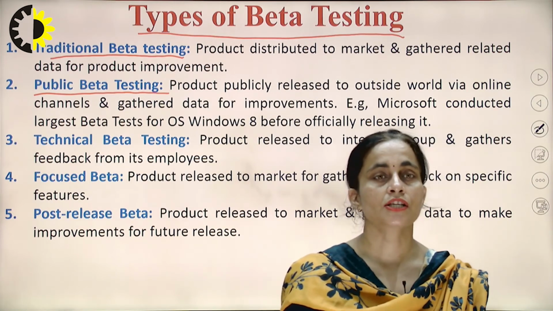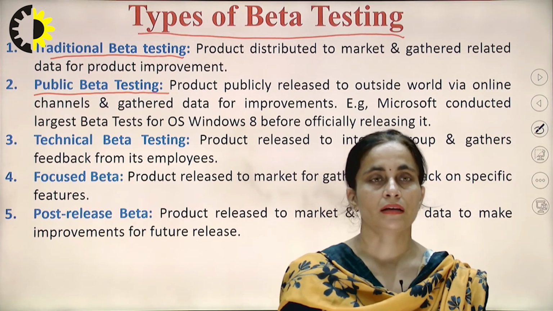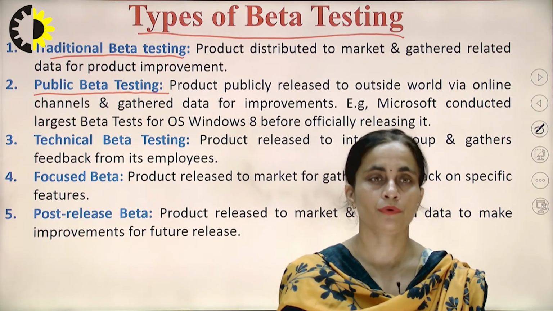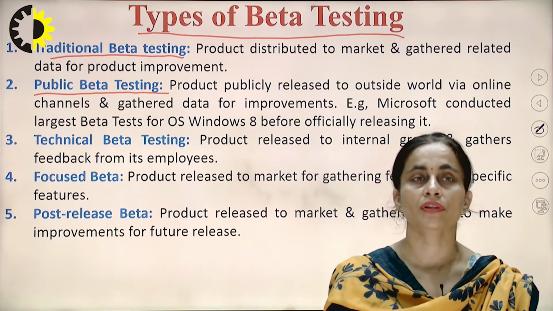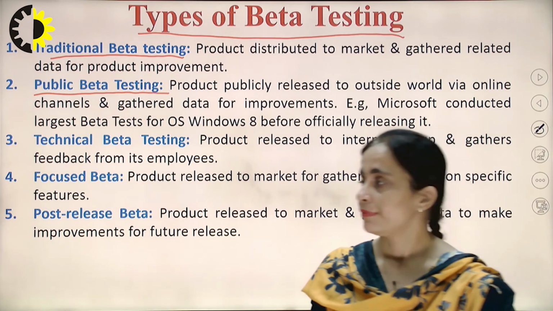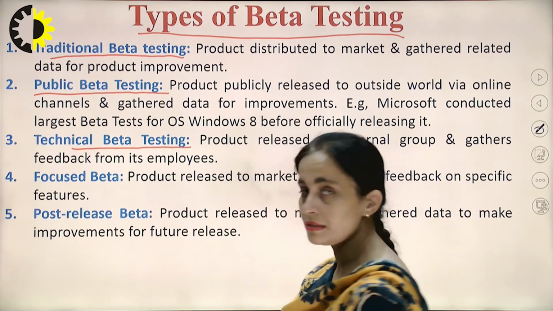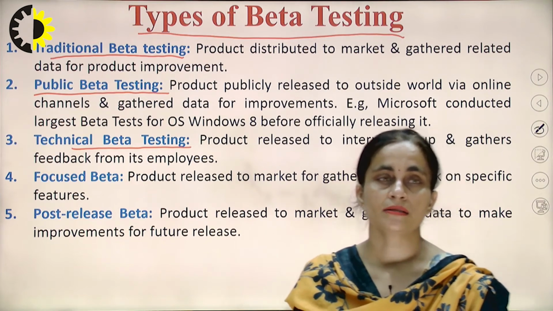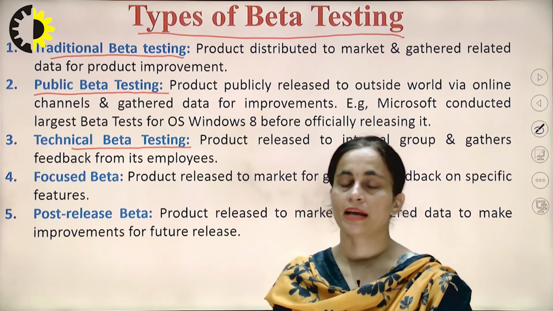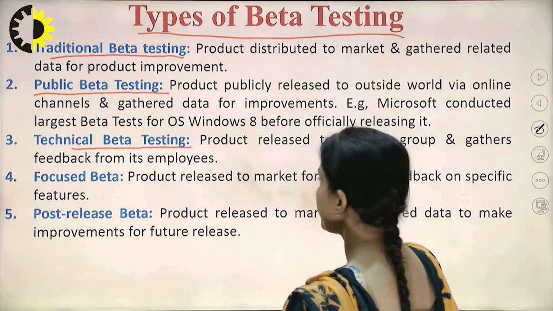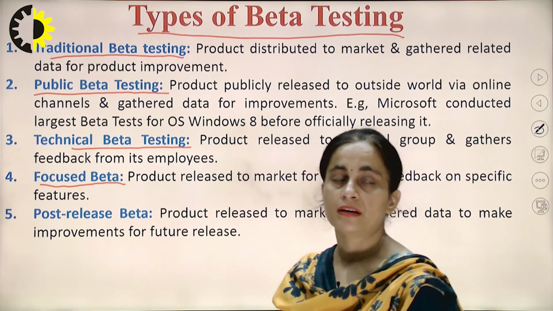They gather feedback and take suggestions by giving it to viewers so that they have scope for improvements before they release it officially. Then third is technical beta testing, meaning the product is released to an internal group and feedback is taken from its employees.